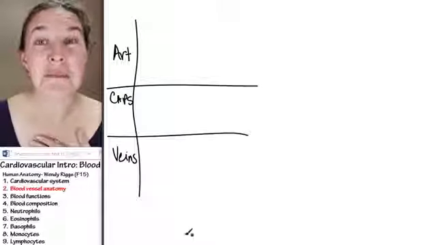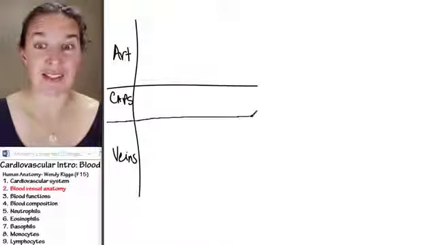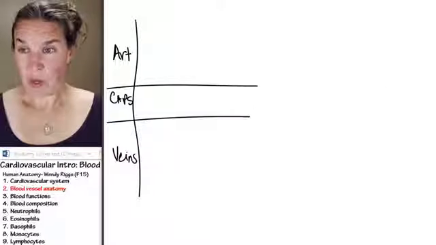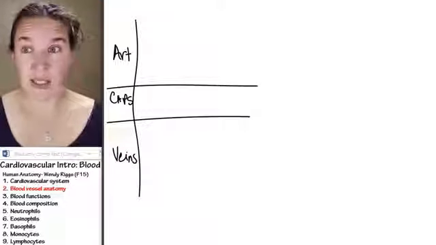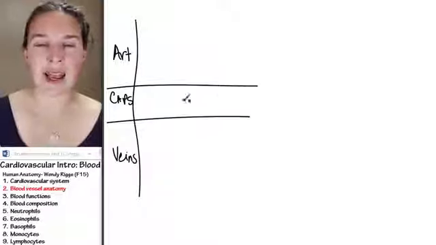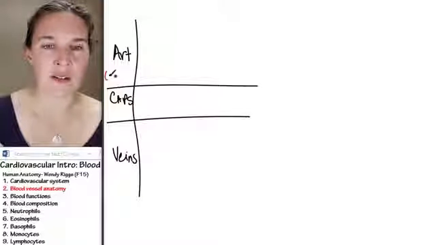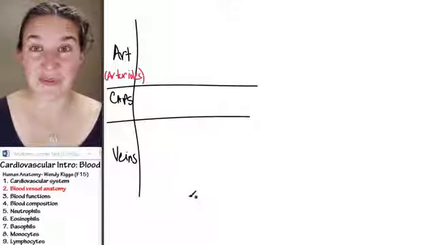What I want you to remember, in fact, I'm going to do that just a little bit differently. Since we are branching, our arteries branch into smaller structures called arterioles. And I'm going to write that down here because I don't want you to forget that they exist.